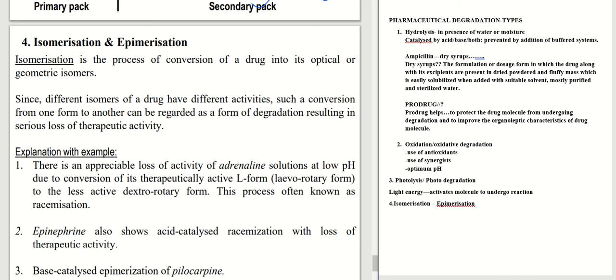Isomers are chemical forms which have the same chemical structure, but the arrangement of the molecules or the arrangement of the functional groups varies. Here when we speak about the arrangement, we need to speak about the spatial arrangement.